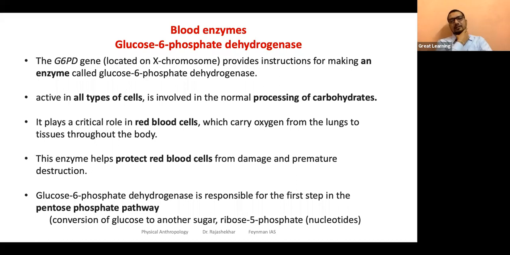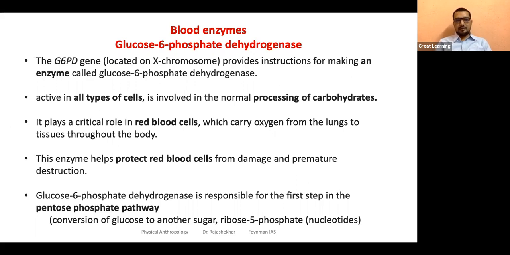Okay, especially it is very important in RBCs. We know that RBCs play a very important role in carrying oxygen from the lungs to the various parts of the body, as part of the blood.